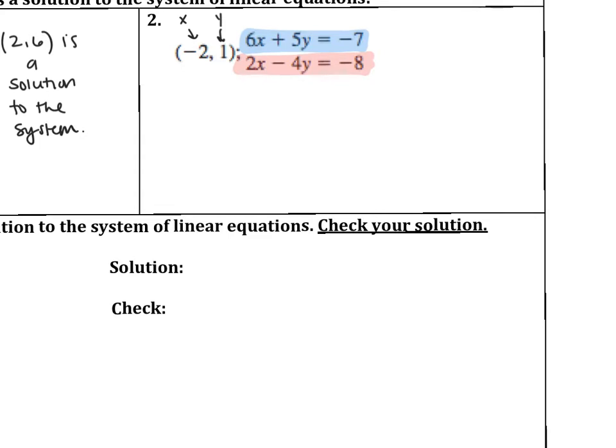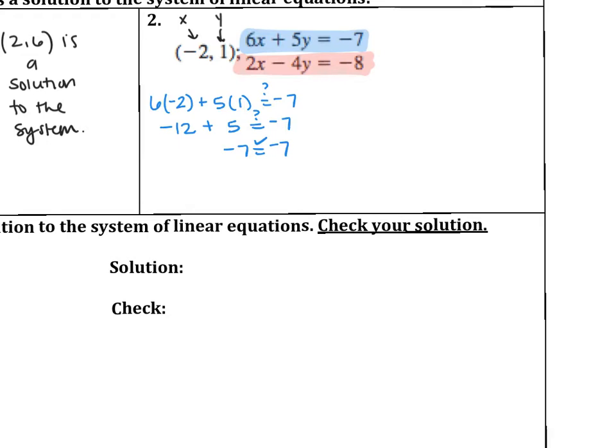All right, so 6 times x, which is going to be negative 2, plus 5 times y, which is 1, equals negative 7. Not quite sure yet. 6 times negative 2 is negative 12, plus 5 times 1 is 5, equals negative 7. And negative 12 plus 5 is negative 7. So yeah, that works out.